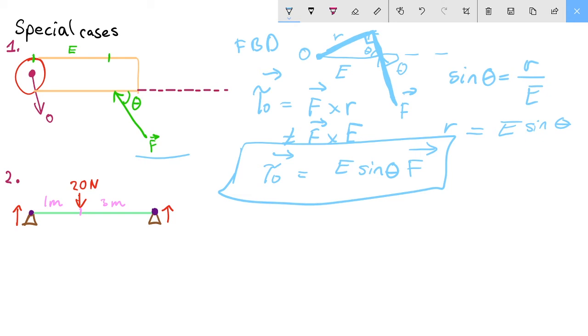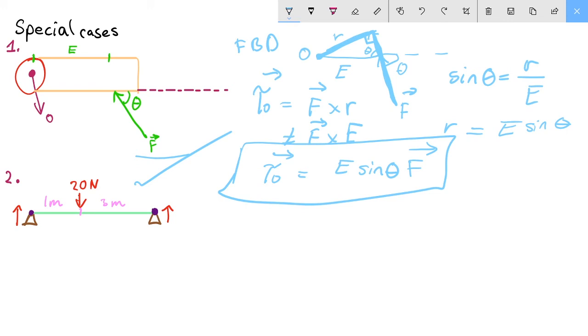Now, another special case is when you have a force applied with two fixed points. How would that be different to other torques? It will be different because once you have 20 newtons coming down like that, there will be a force, because every action has an equal and opposite reaction.